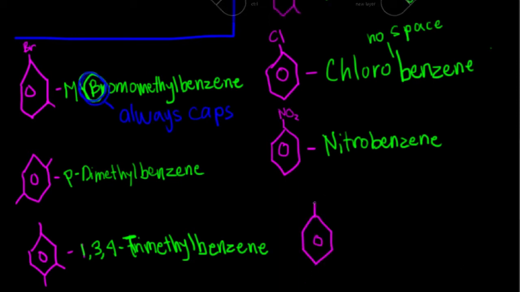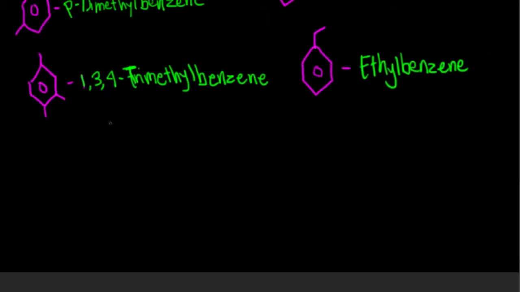We're going to name this ethylbenzene. Why ethyl? Because the substituent has two carbons in one point of the benzene. Here is the list on how you name this.